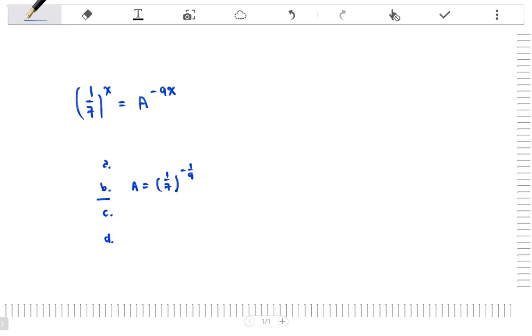Let's try solving this one then. Okay, so we have to find the value of A so that this is true. Let's see. We're given 1/7 as our base. Let me rewrite this out. Like this.